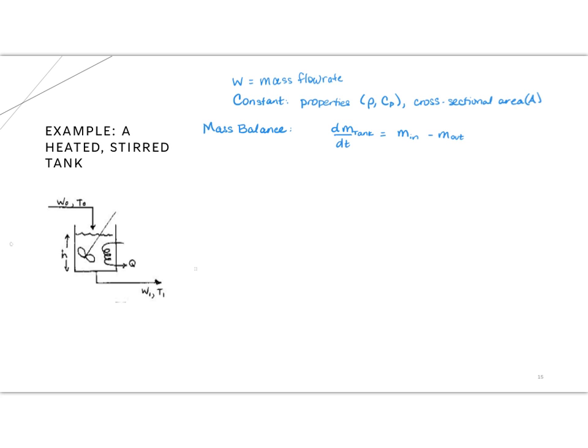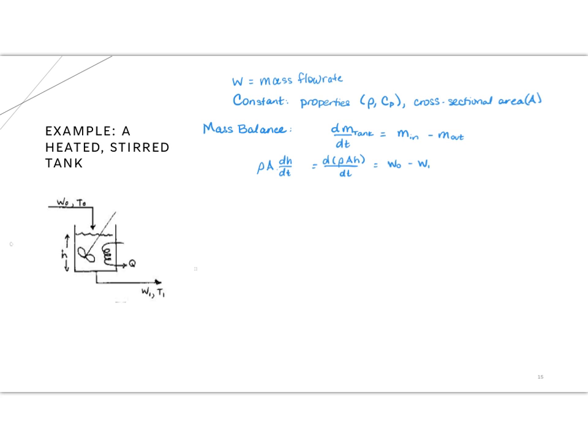Volume is A times H. So I'm looking at the change in density times A times H with respect to time. And flow rate in is W naught, flow rate out is W1. And I can further simplify this derivative by noting that rho and A are constant, so it is rho A dH/dt equals W naught minus W1.